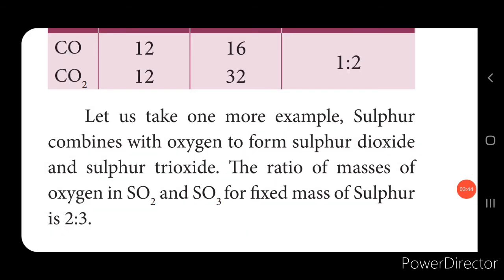Now if you see, the mass of sulfur is 32, but the mass of oxygen is 32:48, because two oxygens are there, so 16 into 2 will become 32, and here 3 oxygens are there, so 16 into 3 will become 48. So when you see the ratio, it will be 2:3. So the ratio of oxygen in sulfur dioxide and oxygen in SO3 will be 2:3. So this is about the law of multiple proportion.